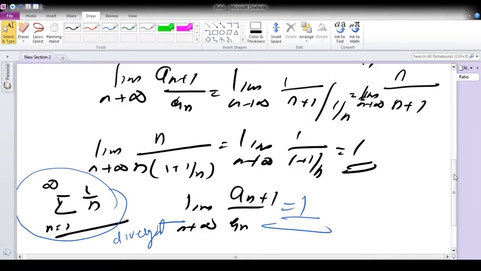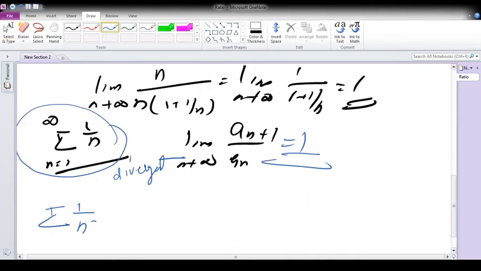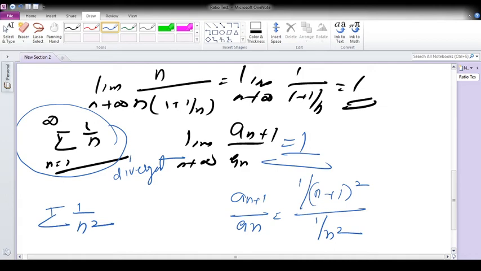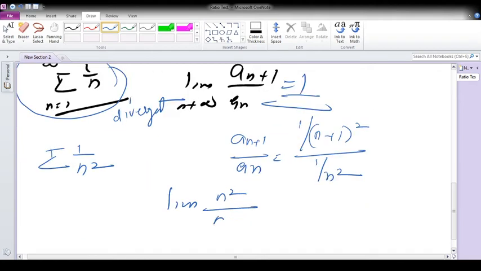Next, the series summation 1 by n square. You take a_(n+1) by a_n, that is 1 by (n plus 1) square by 1 by n square. You take the limit value: limit of n square by (n plus 1) square equals limit of n square by n square into (1 plus 1 by n) square.